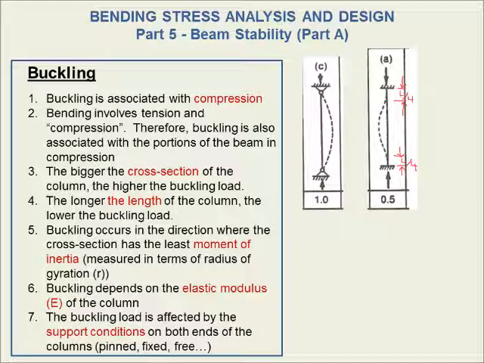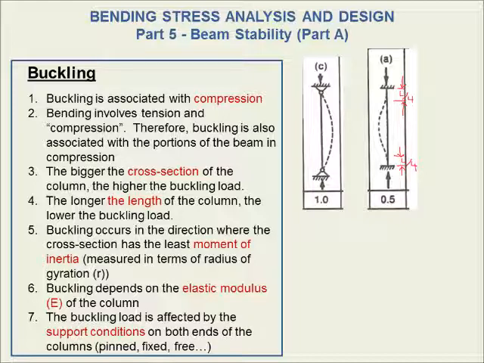But we'll find out next from the Euler load, because Euler did empirical studies on this and came up with an analytical formulation for dealing with all this stuff, we'll find out the exact proportionality. And it turns out to be that the buckling stress is proportional to the inverse of the length squared.